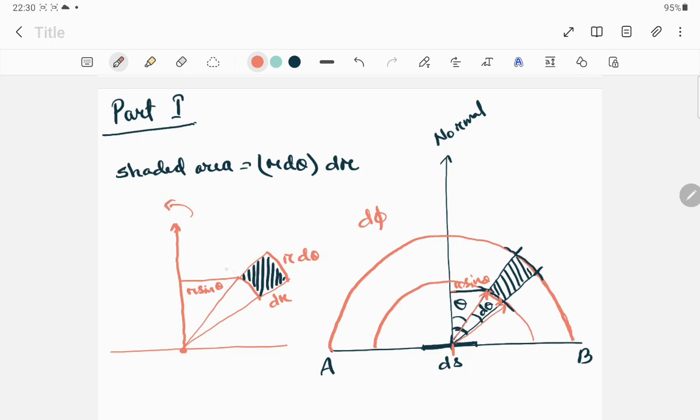So the next portion will be something like this. This will be the new position of r sin theta, and we have rotated this whole thing through an angle d phi.